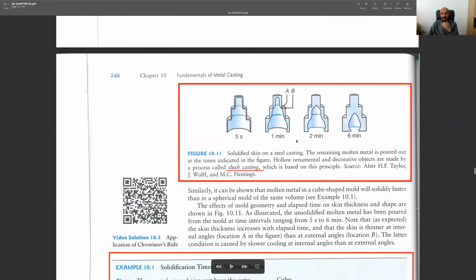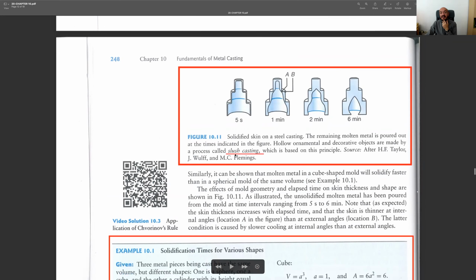And here we have another simple casting process. It's called slush casting. What is done here? They start with a mold in the shape of the resulting product, and then they pour molten metal at some intervals. This is the case after 5 seconds.